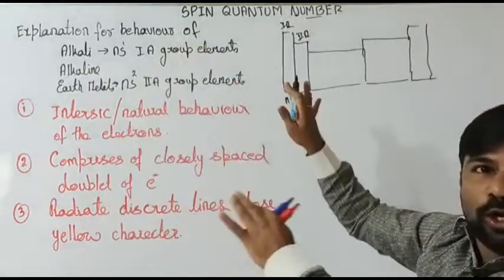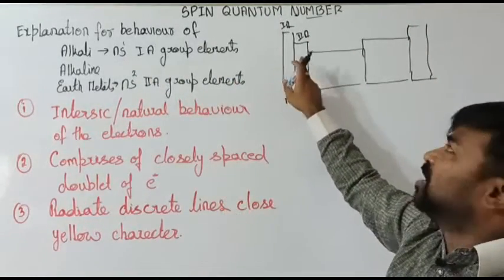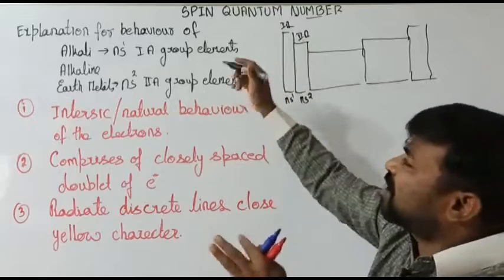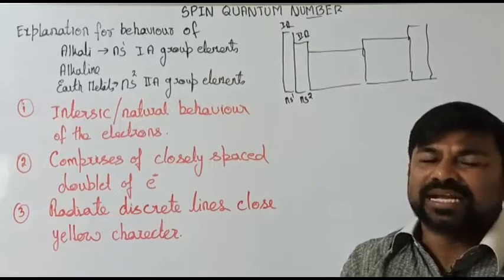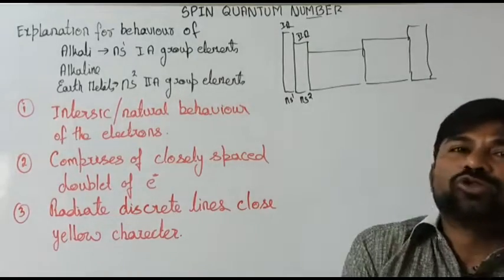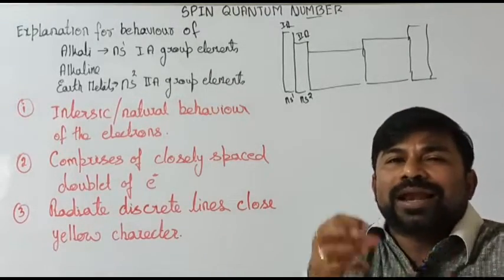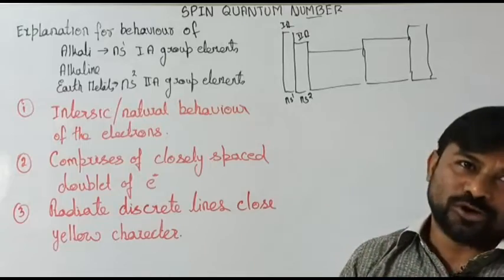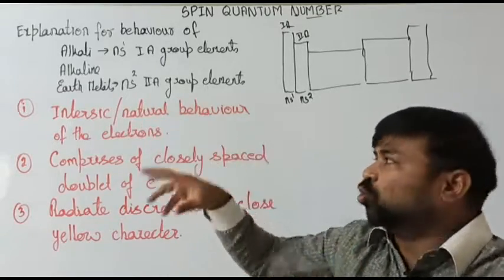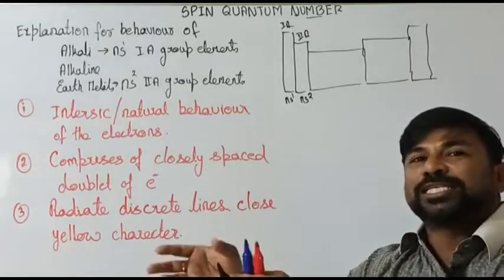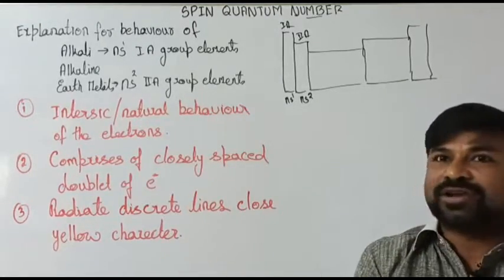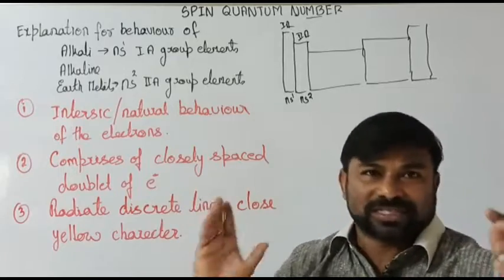In the entire periodic table, the ns1 and ns2 groups have this peculiar behavior. So what is the reason given by Uhlenbeck and Goudsmit? They say it is a peculiar natural behavior, the intrinsic behavior of the electron of that group. That is the natural behavior.